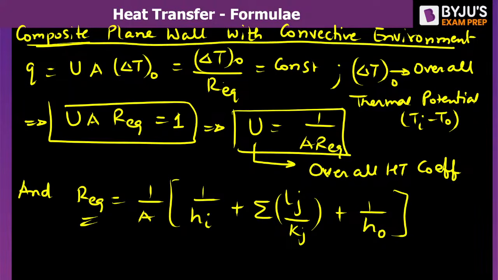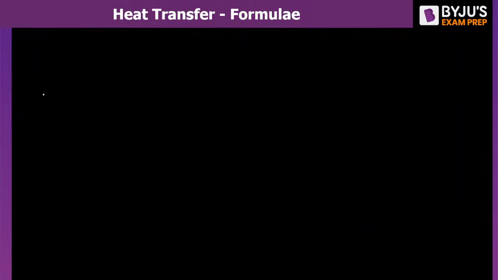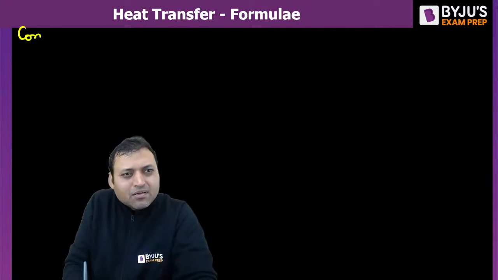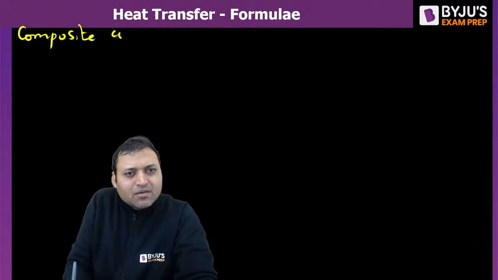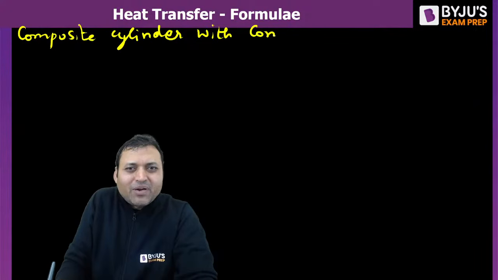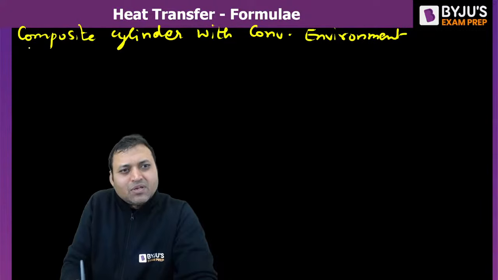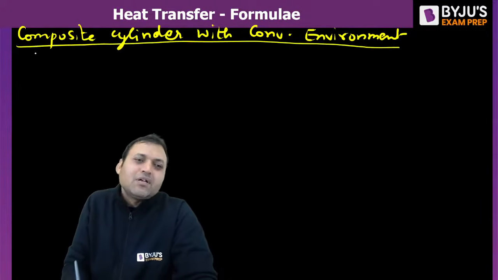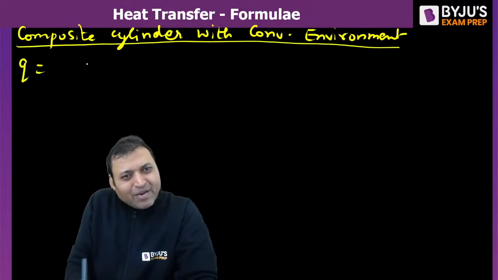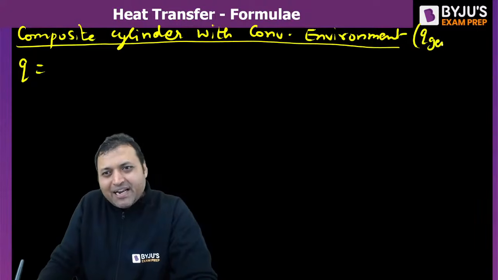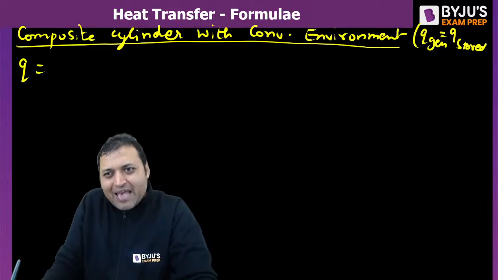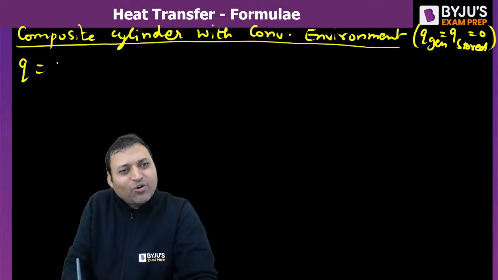Similarly, we can write the expression for composite cylinder with convective environment. Again, Q will remain constant because there is no heat generation, there is no heat stored. As long as heat generation and heat stored is 0, Q will remain constant.